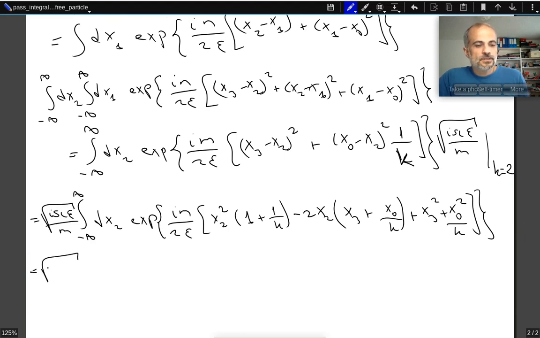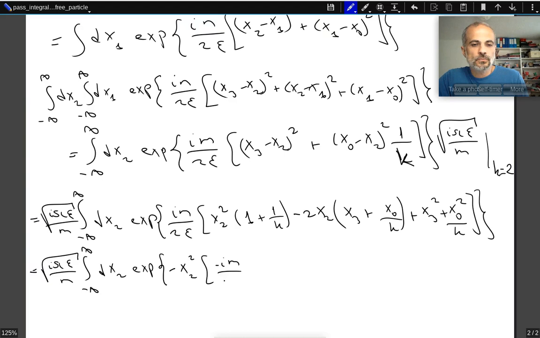So let me just rewrite it a bit, simplifying a bit more, from minus infinity to infinity, dx2 exponent of minus x2 squared. The coefficient of minus x2 squared is minus i m over 2 epsilon, 1 plus 1 over k. Then plus x2.